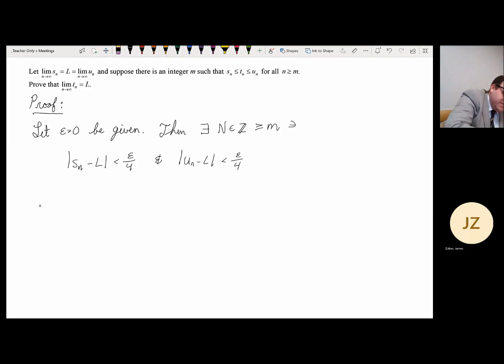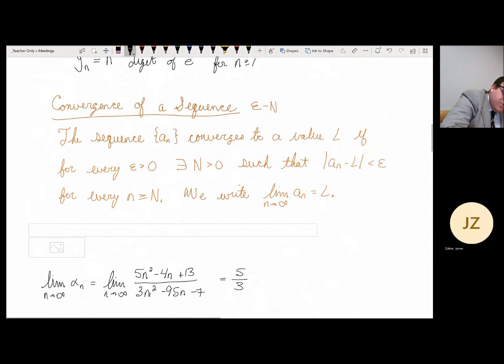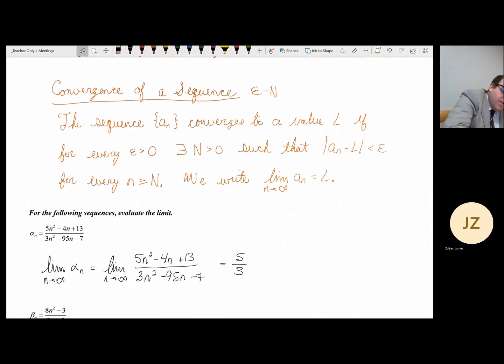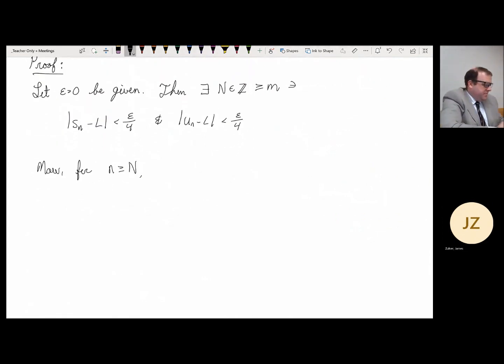For little n larger than big N, this would mean that little n is also larger than little m.